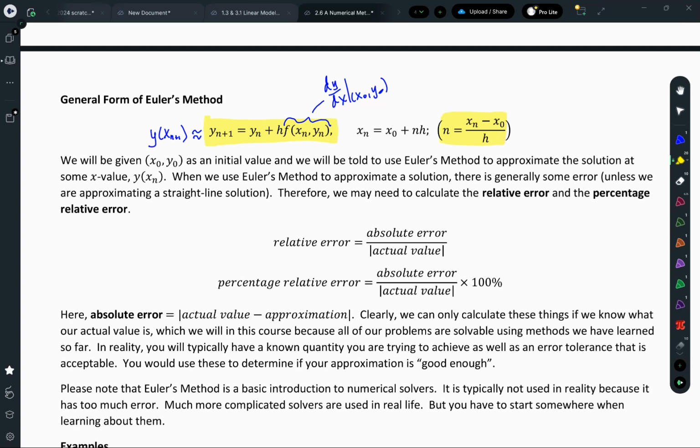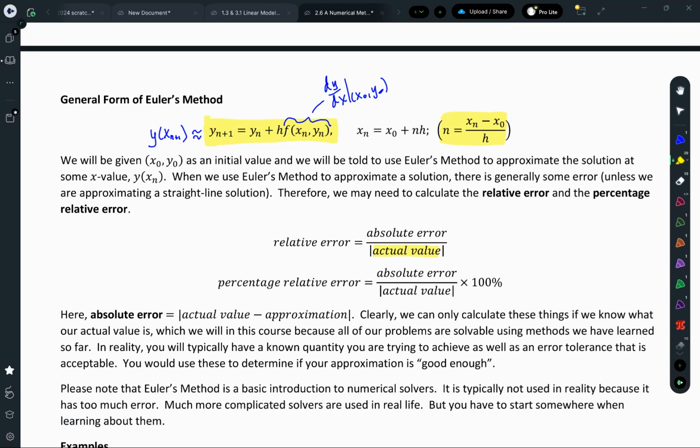And so we also have means to calculate what the relative error is, and that's just the error in relationship to the actual value, as well as the percentage relative error, okay? Now, notice that in the relative error and in the percentage relative error, there's an actual value in here. And so if we don't know what that actual value is, then we really can't find this, okay?